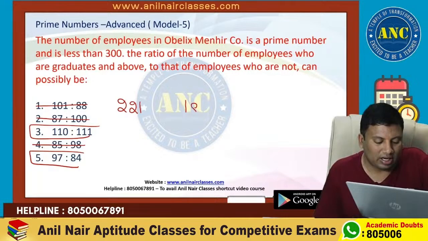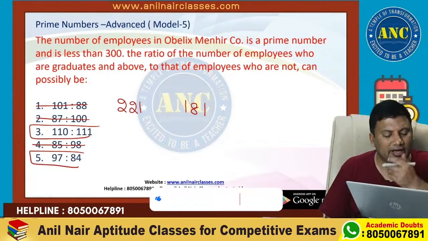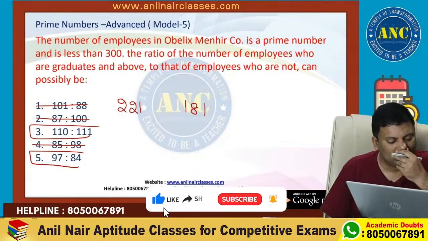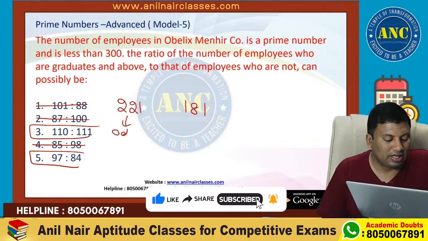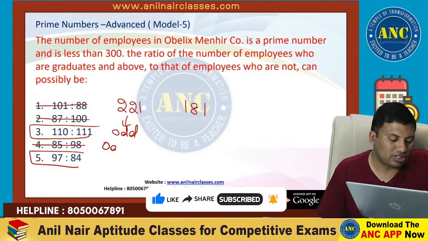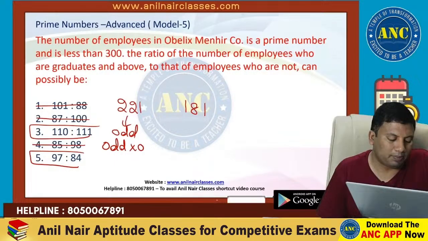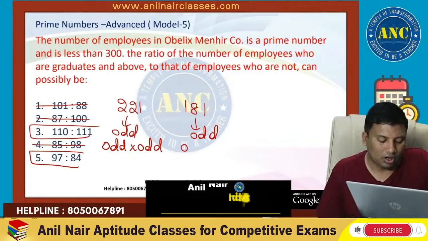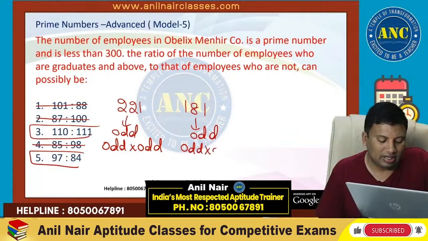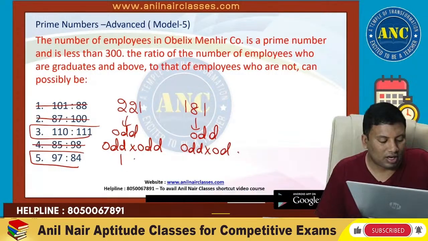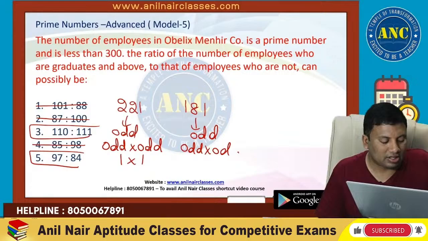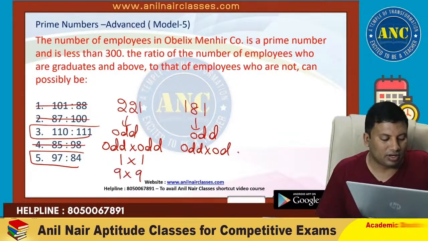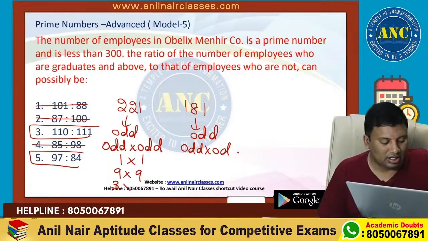Suppose this is 221. 221 is an odd number. I am just cross checking if there is any other possibility. Odd into odd is also an odd number. Let us see if there is any possibility. 1 into 1 is 1. 9 into 9 is 1. 3 into 7 is 1.